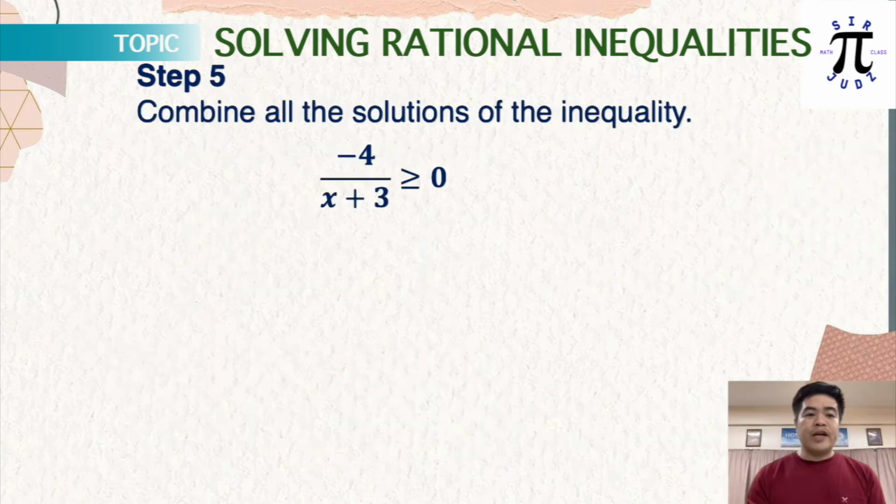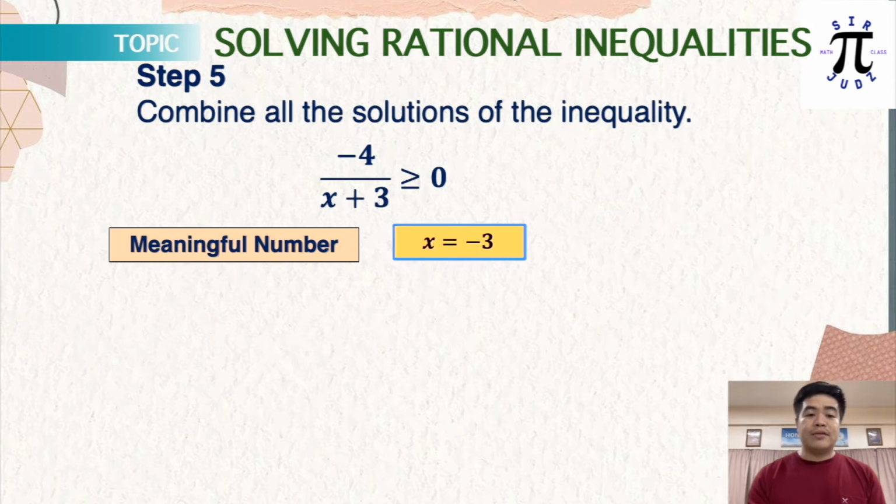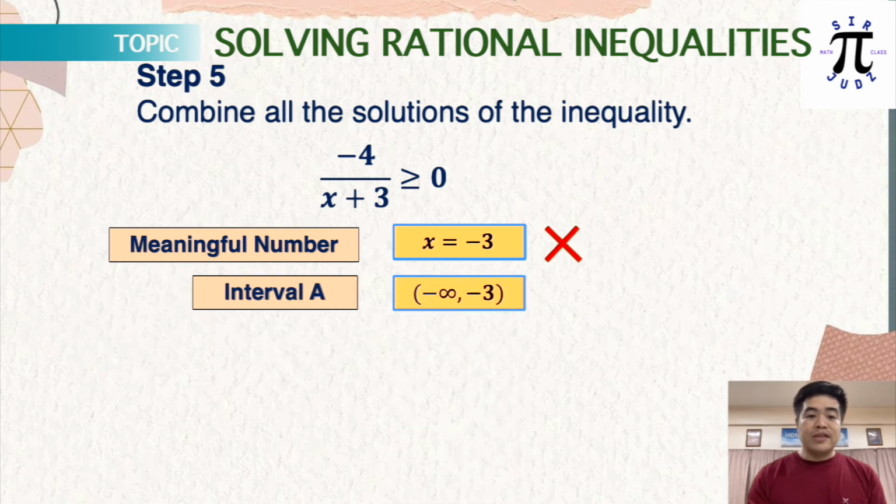So step 5, we're going to combine all the solutions of our inequality. So the meaningful number, we have x equals negative 3, not a solution of our inequality. Interval A, which is the numbers on the left of negative 3, or from negative 3 to negative infinity, is a solution of our inequality.